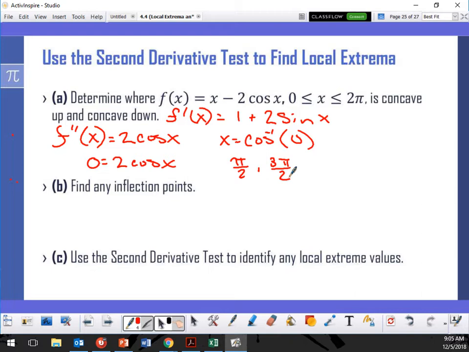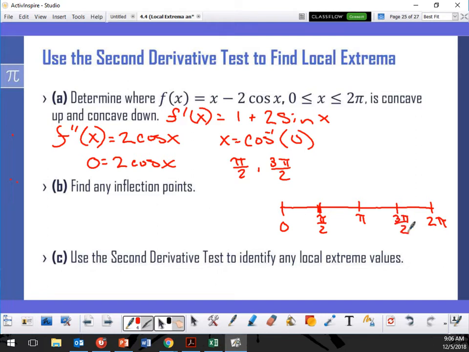Good. So we're going to figure out concave up and concave down in between there. Let's test it. I have my inflection points right there, the points of inflection, pi over 2 and 3 pi over 2. Let's try the number line here. I'm starting at 0 and going to 2 pi, and I have pi over 2, pi here, and 3 pi over 2.